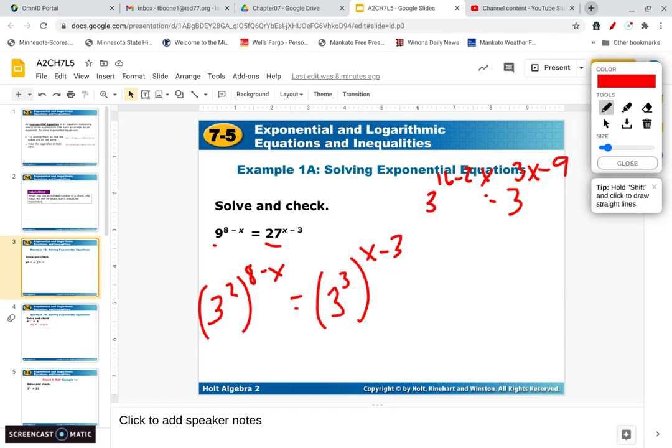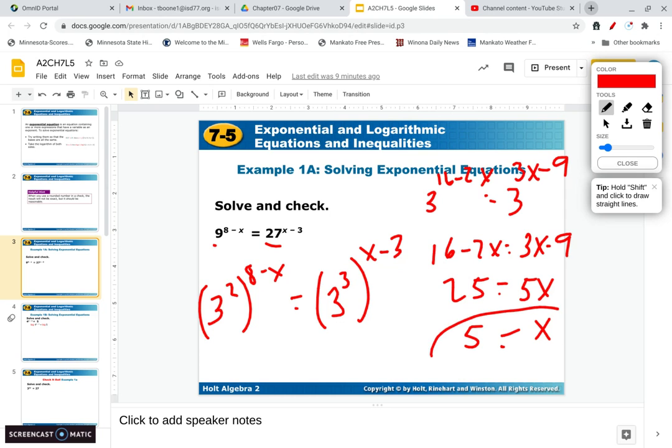Now that I have the same base, if the bases are the same, that means the exponents have to be the same. So let's take 16 minus 2x and set that equal to 3x minus 9. I might add the 2x over here to get 5x, add the 9 over here to get 25, and then divide by 5, we'd find out that x is actually 5.